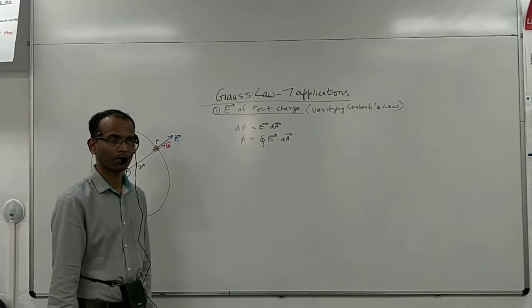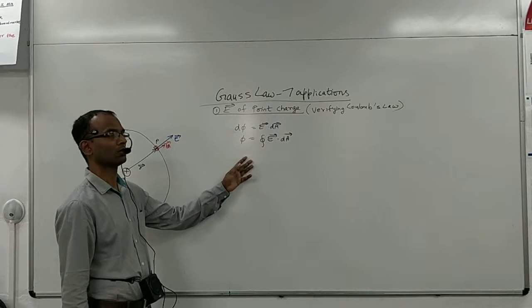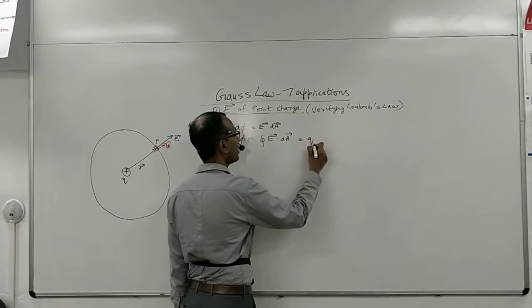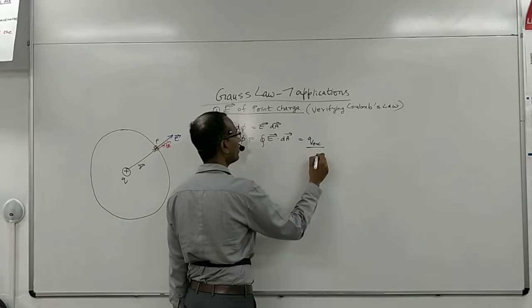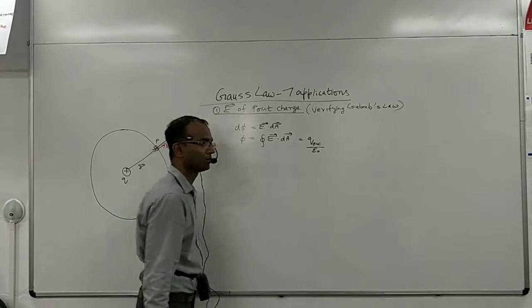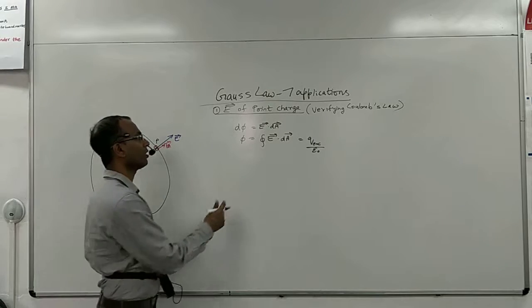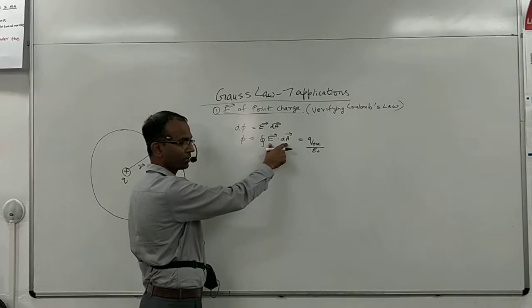Agreed? And by Gauss's law, the flux through any closed surface is equal to the charge enclosed divided by epsilon naught. This is Gauss's law. Agreed?